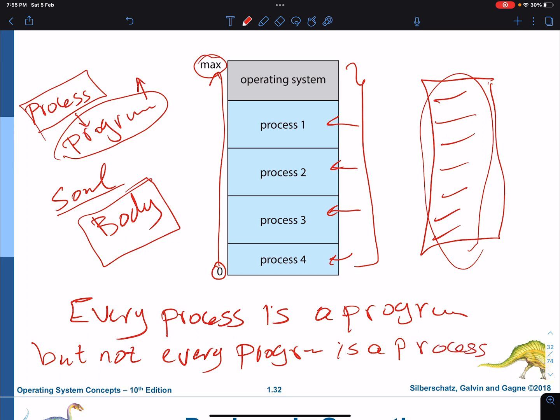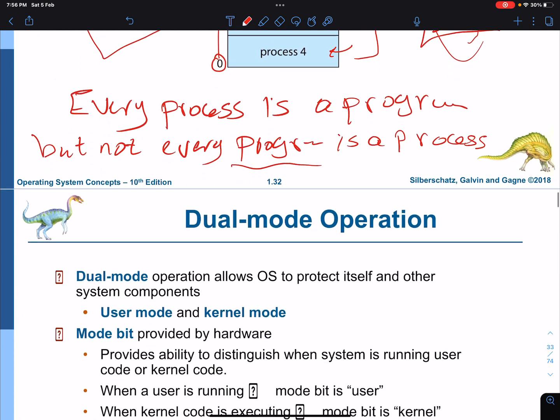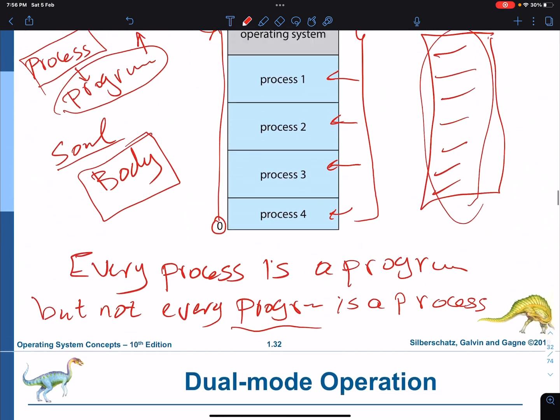For those who studied object-oriented programming, you can see the process is an entity that inherits the program and adds to it liveness and data and program counter and so on and so forth. Every process is a program, but not every program is a process, because some programs are not loaded yet into memory and therefore they are not processes.